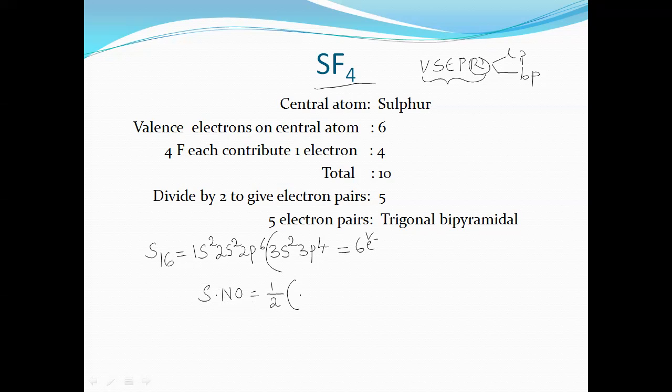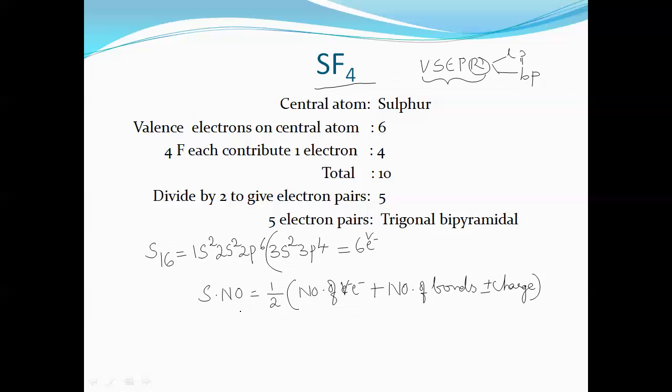It is equal to half into the number of valence electrons on the central atom plus the number of single bonds attached to the central atom, plus or minus the charge. If there is a positive charge on the molecule, subtract it, and if there is a negative charge, add it to this number.